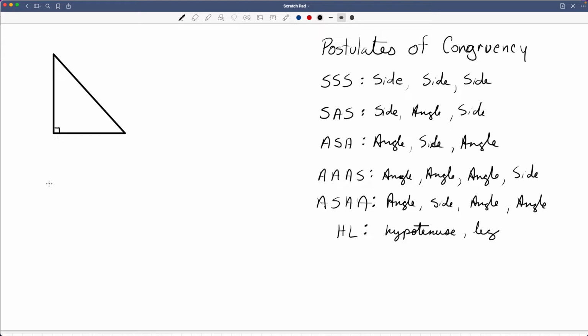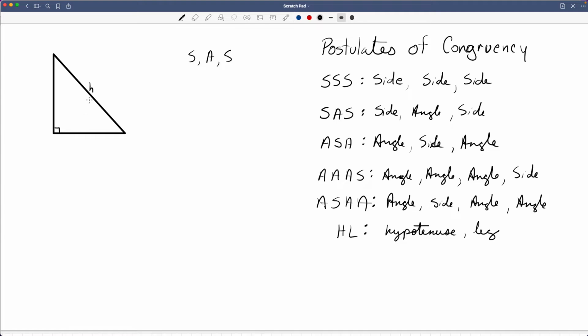So if it has a hypotenuse right here, then by definition, it has a 90-degree angle. So that's a side and that's an angle, right? A side and an angle. So if it has another leg, that's technically another side. So hypotenuse leg is another way of saying side, angle, side for a right triangle.